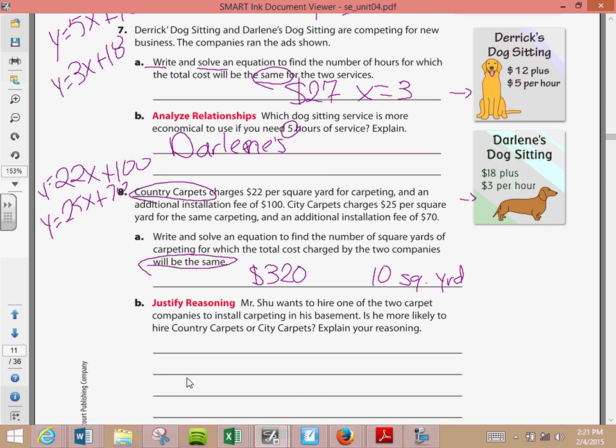It is not about the name of the company. It's what the cost is. I'm going to move on. All right. So, hey, I want you to think critically on this part. A basement. How many square yards of carpet could you possibly have in a basement?